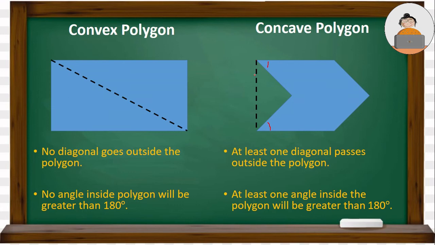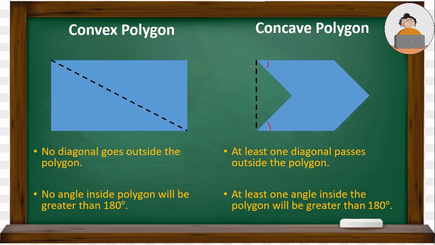So we can differentiate these polygons as in convex polygon, no portion of the diagonal gets in the exterior area of the polygon, whereas in concave polygon, as you can see, the diagonal lies in the exterior part of the polygon.